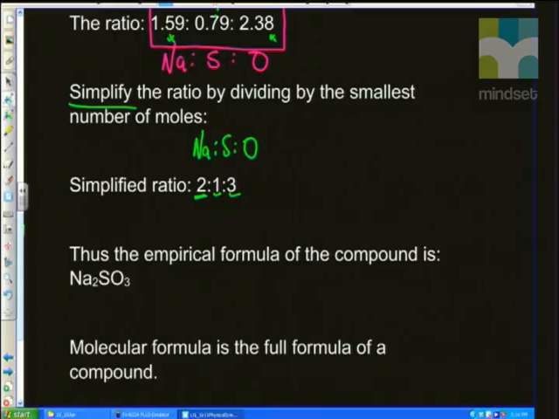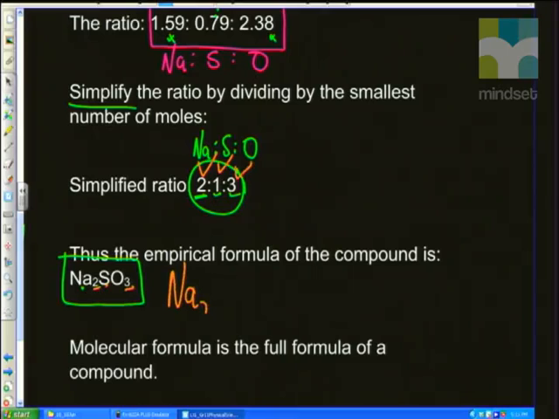This means that the empirical formula for this substance will be Na2, and then sulfur, it's 1, and oxygen, it's 3. So Na2SO3 is the empirical formula, as we found it there.